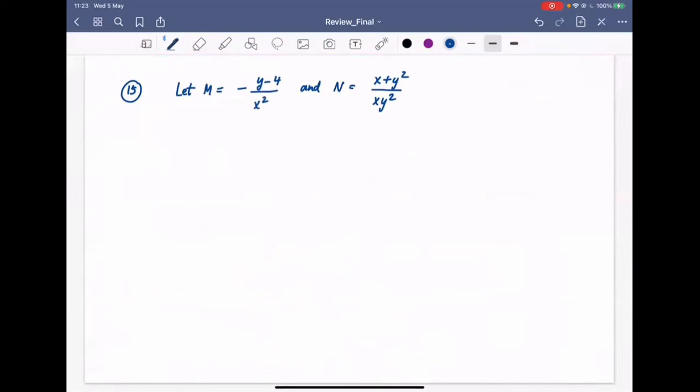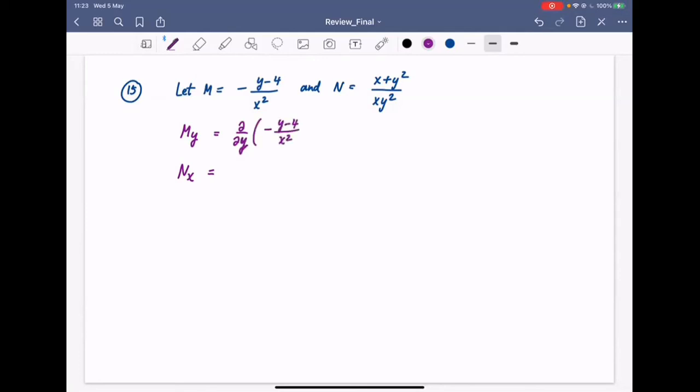If you wanna check that the differential equation is exact, we need to check M subscript y and N subscript x. If they are equal to each other, this is exact. So we're gonna differentiate M with respect to y first.